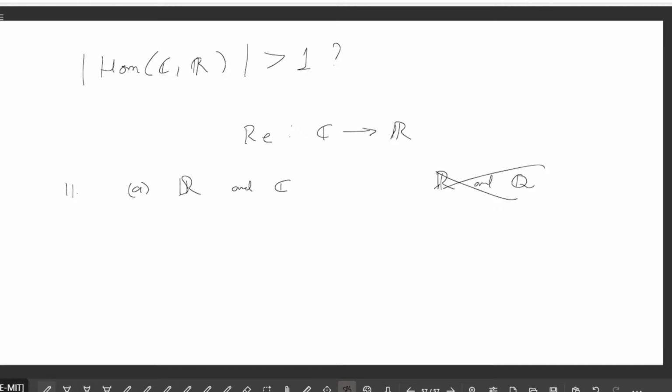So actually, you have to go outside group theory and elevate this problem to some stronger, bigger structure. As vector spaces, are they isomorphic?